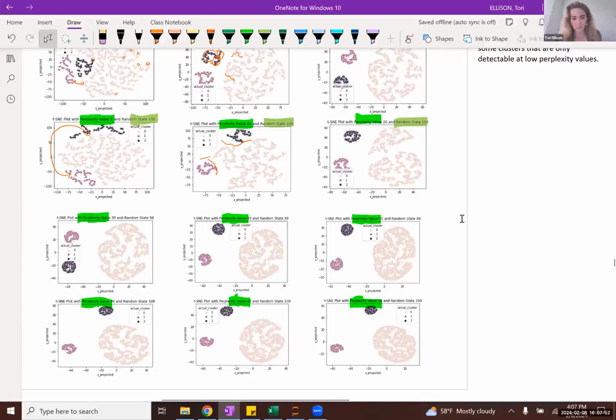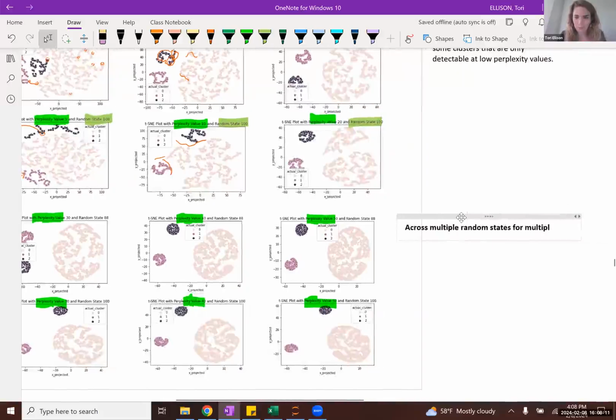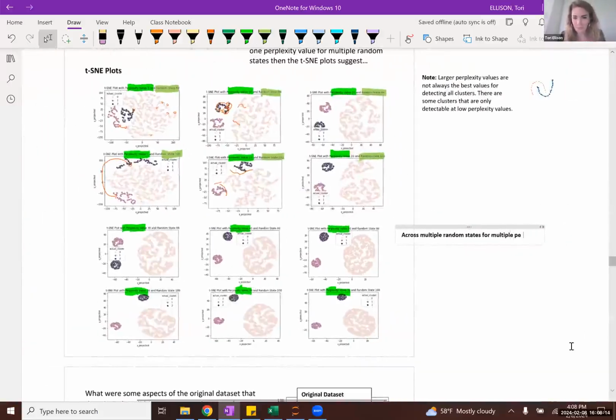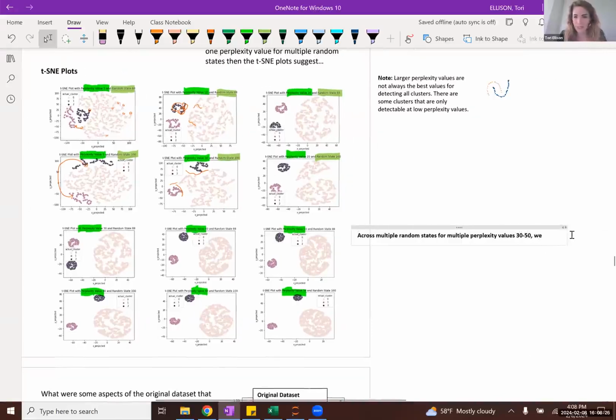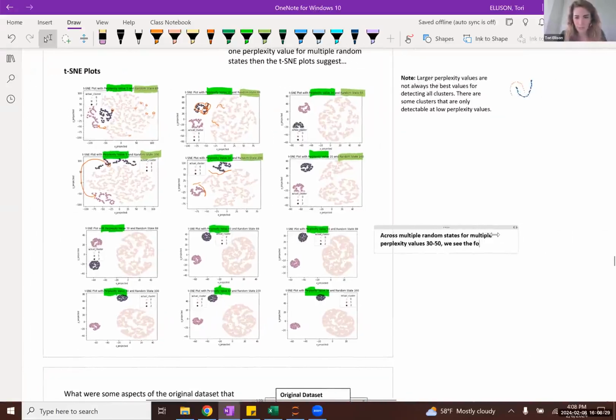So for instance, if we examine across multiple random states or multiple perplexity values, particularly those between 30 and 50, we see the following commonalities about the suggested clustering structure.